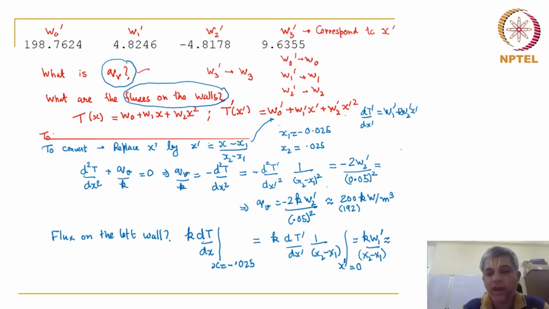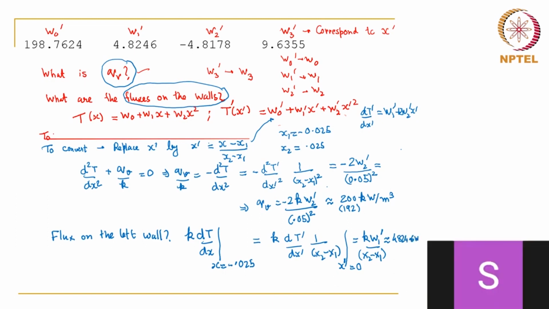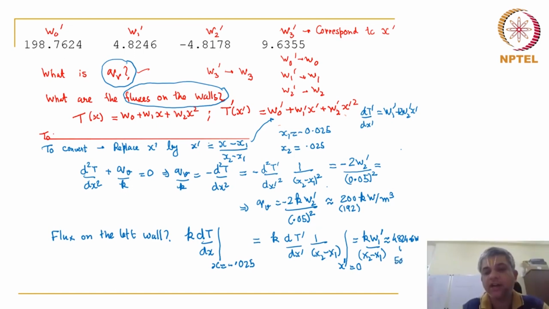Approximately 4824.6 watt, and actually it turns out, based on the data that I generated, that it was supposed to be approximately 5000. So this is the way to find out QV as well as flux on the left wall, etc.